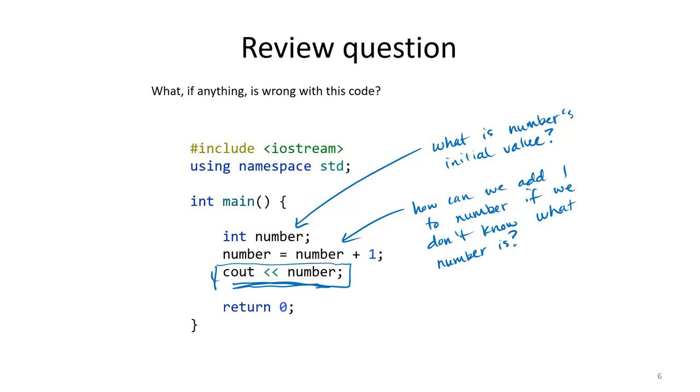So you might have been thinking number is uninitialized. So the thing that's wrong with this code is that we need to initialize number. We need to give it a starting value.